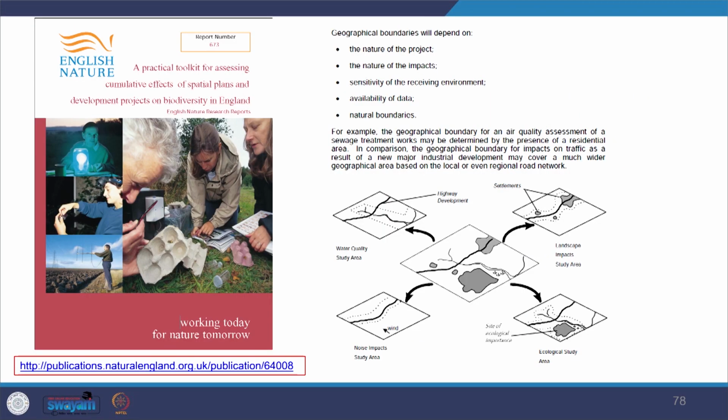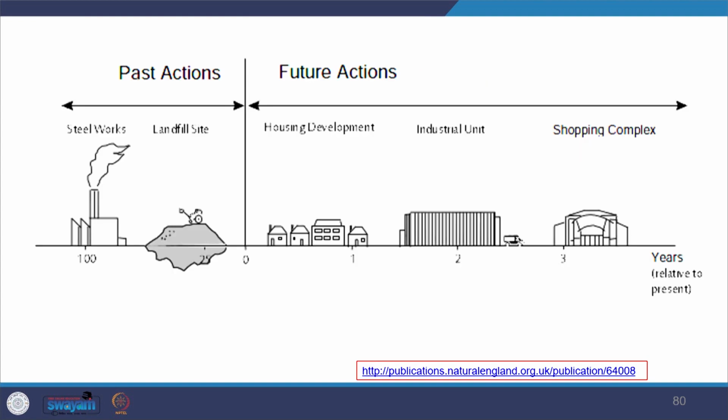So here in the example, from this practical toolkit I have taken, you can see how they are looking at the geographical boundaries, and how various projects are integrated and merged together to find a common boundary. While doing this, you have to take care of reasonably foreseeable future projects.